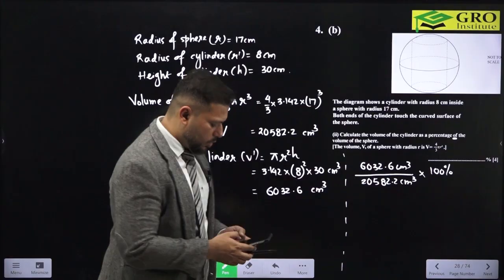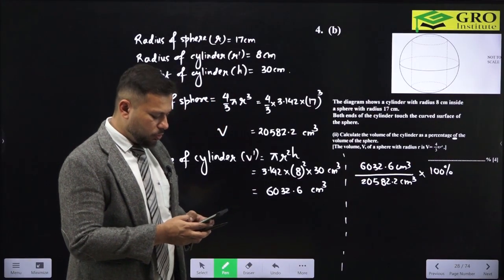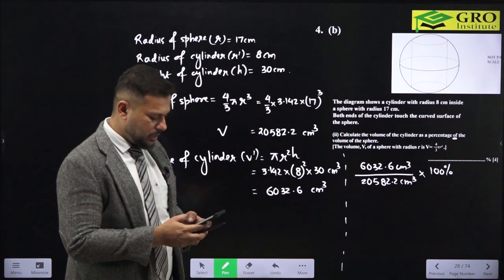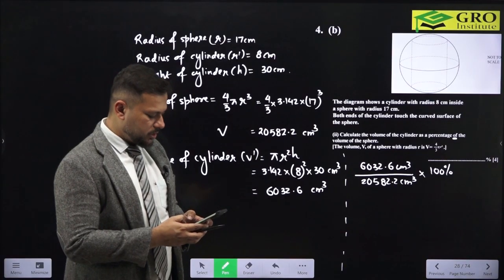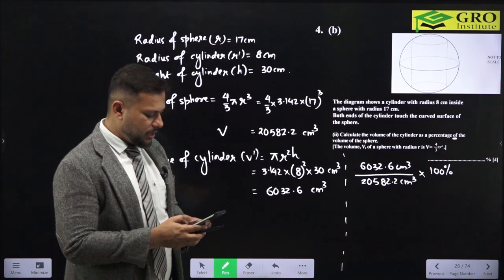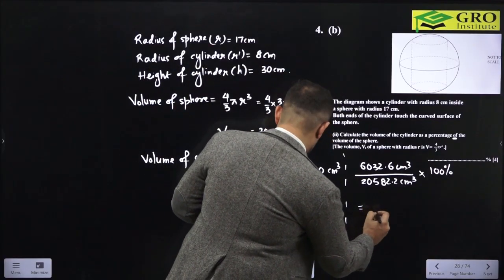Let us find its value as well quickly by using our calculator. So we have 6032.6 divided by 20582.2, that results into this, multiplied with 100%.